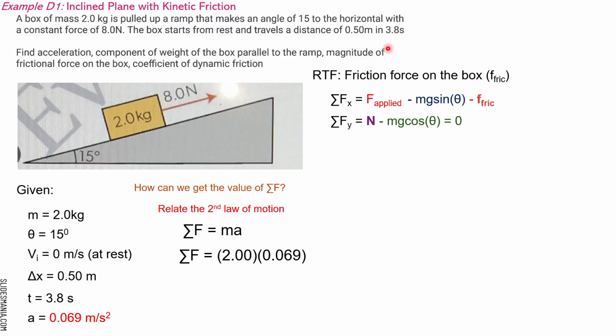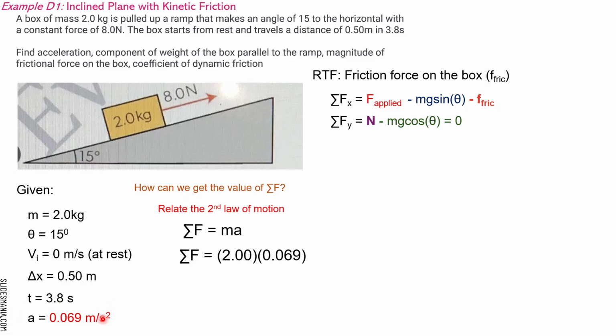Based on the problem, it actually gives us the kinematic aspect of the problem, which is how the box moved. So it starts from rest, but then because of the applied constant force of 8 newtons in this direction, the box accelerates and travels a distance of 0.50 meters in 3.8 seconds. The first part of this problem involves kinematics, which led us to find the acceleration.